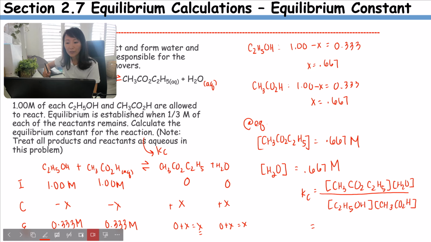And we know all of the values. We know that this is 0.667, 0.667, and then for the bottom, it's 0.333.